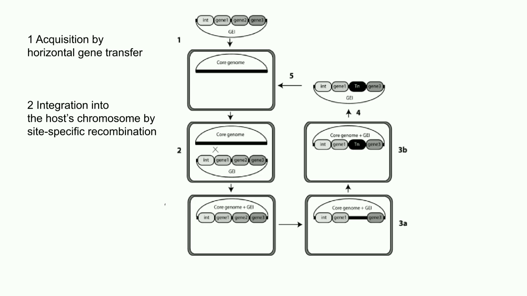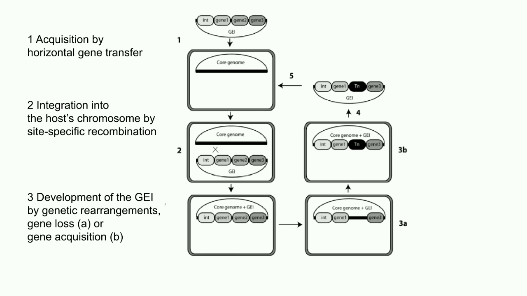This integration is mainly carried out by host chromosomes by site-specific recombination. The third step is development of a modified or an integrated genomic island by genetic rearrangement.